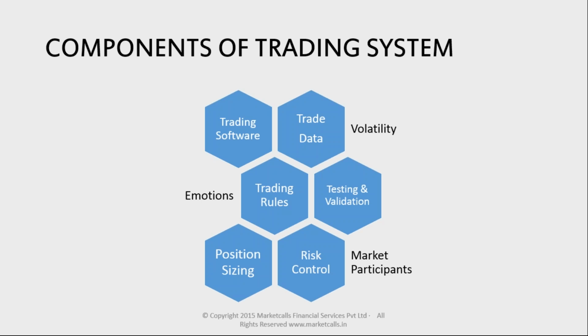Let's look into the basic building blocks of a trading system. What are the essential blocks required for a trading system? We need trading software like AMI Broker, NinjaTrader, or MultiCharts.